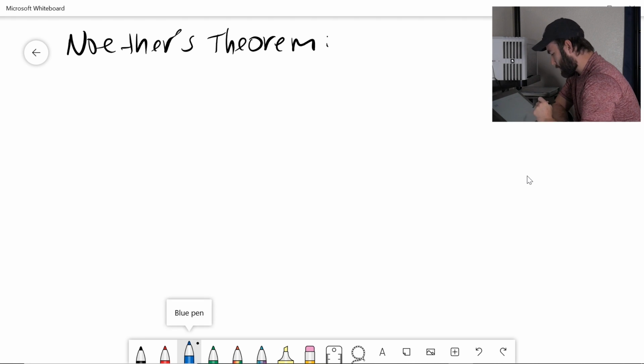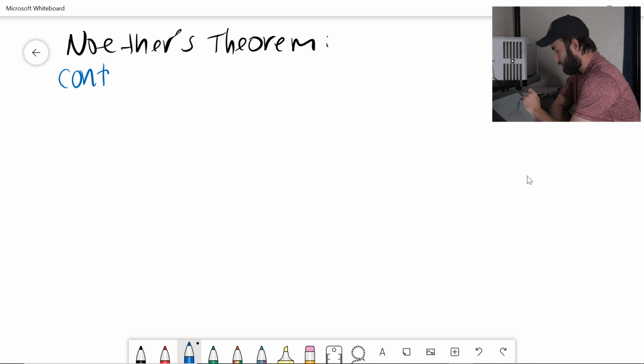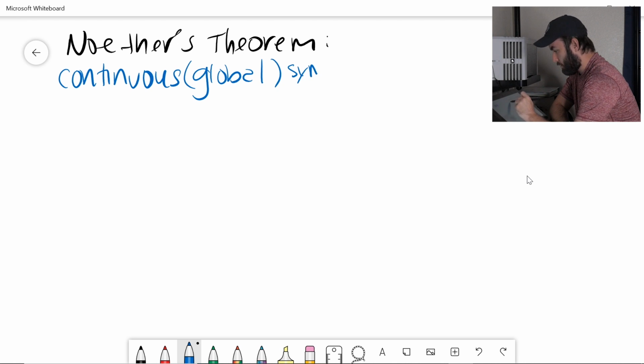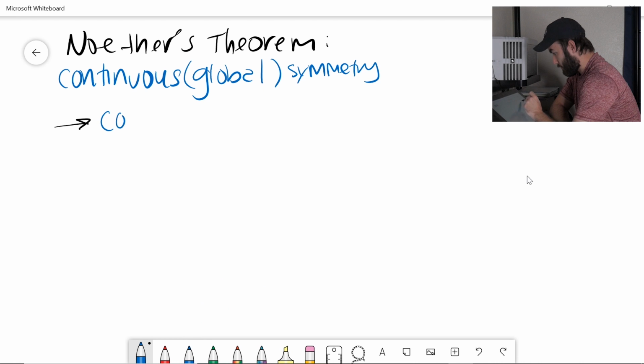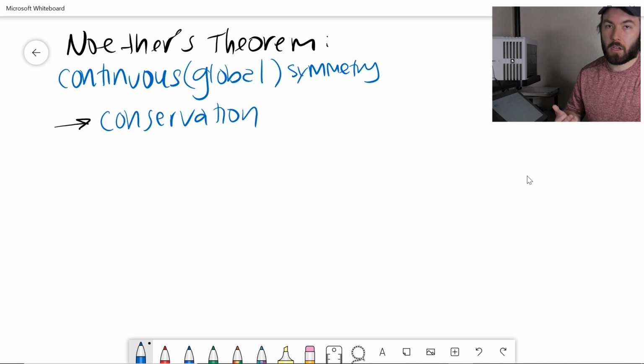It also says that for any continuous global symmetry, that leads to a conservation law. And we're going to define what things like global symmetries mean in just a minute.